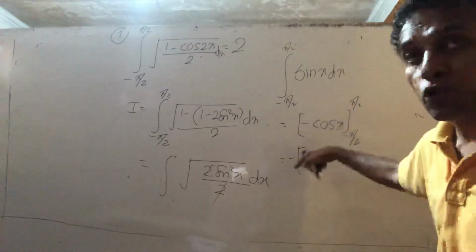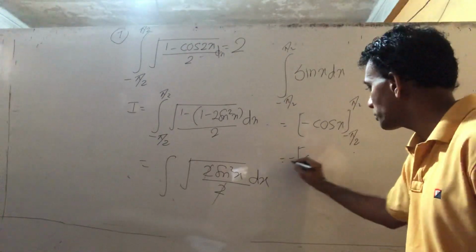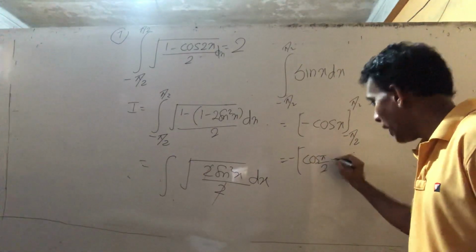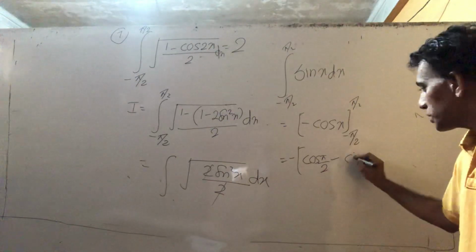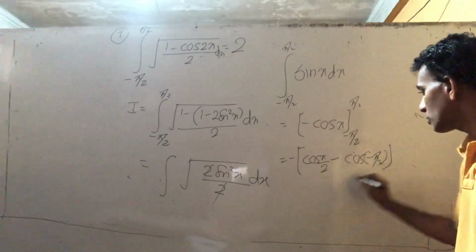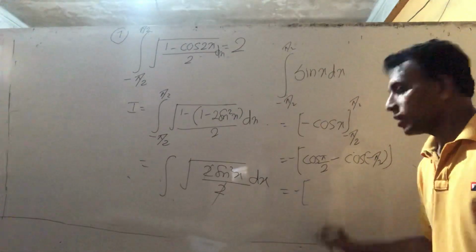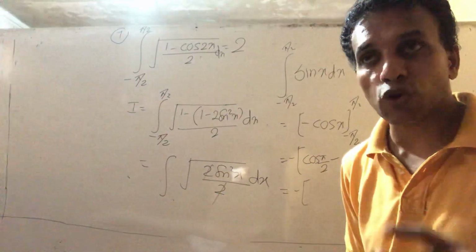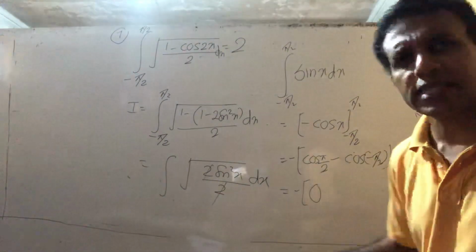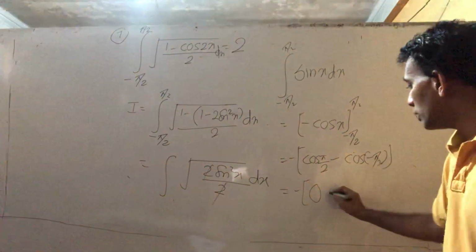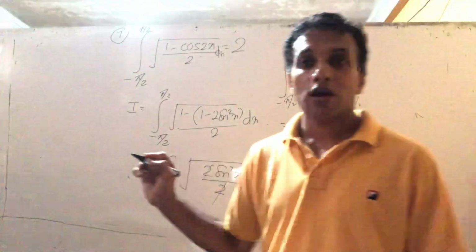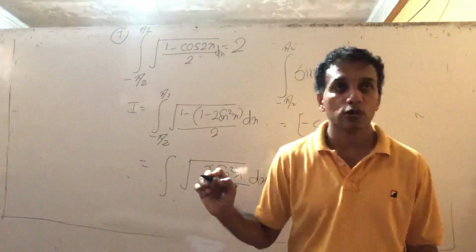I apply the boundaries: cos pi by 2 minus cos of minus pi by 2. So minus cos 0 is 1. What is cos 90? 0. Here cos of minus theta is cos theta, 0. So what is the answer? 0? What about the answer, 0?